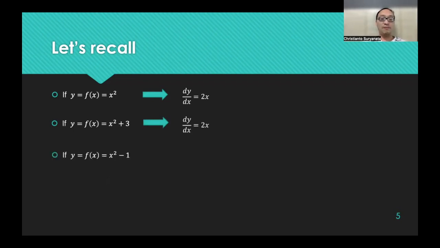And when f(x) equals x squared minus 1, the derivative is also 2x. So the antiderivative of dy/dx equals 2x is x squared plus c.